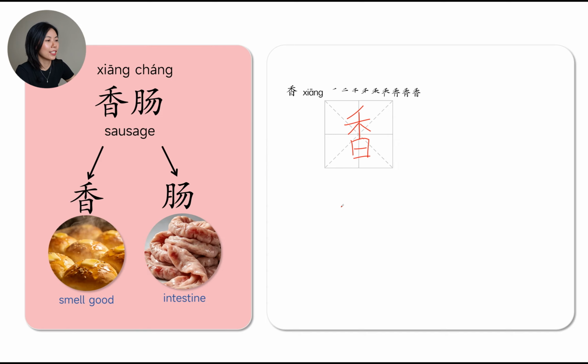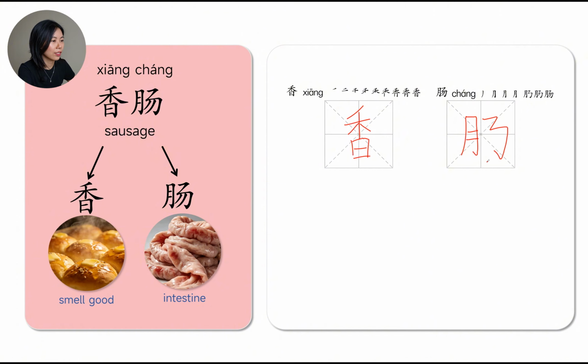And then let's continue with the 肠. On the left side, we also have a body radical. And then the right part. Okay, we have 1, 2, 3, 3 twists. 1, 2.